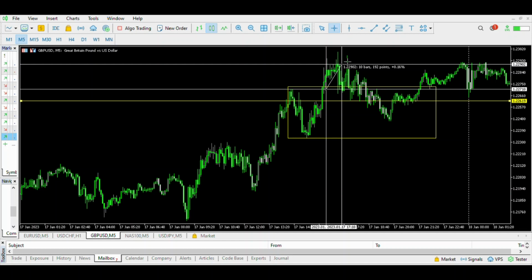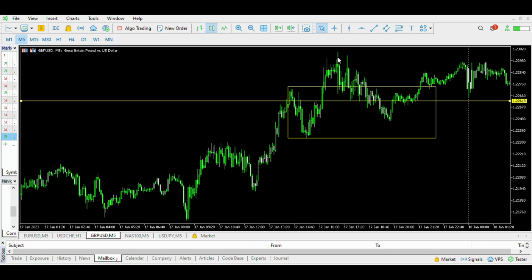The second entry using supply and demand is about 50% of this move, this zone here. Reading it with the naked eye, that's roughly around there, so I'll be looking to take an entry here. So price returns, reacted on the open, and it went down to the 50% mark.